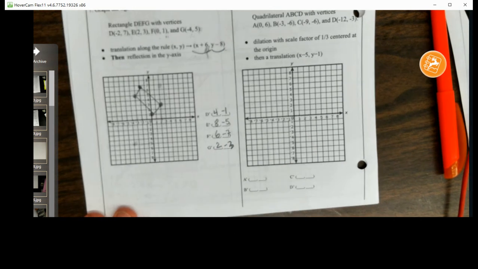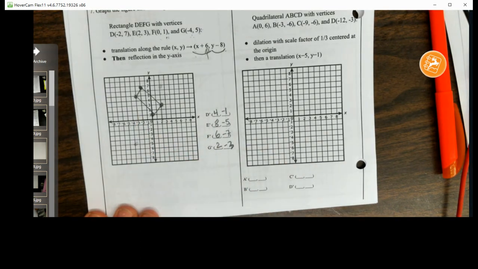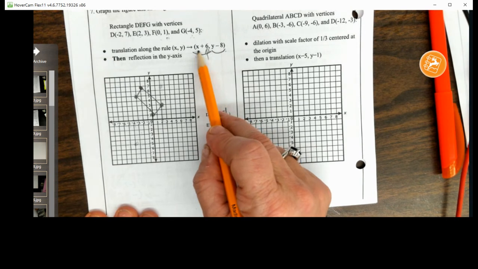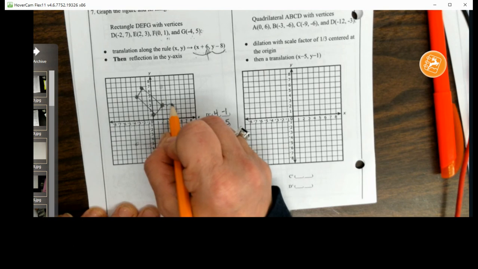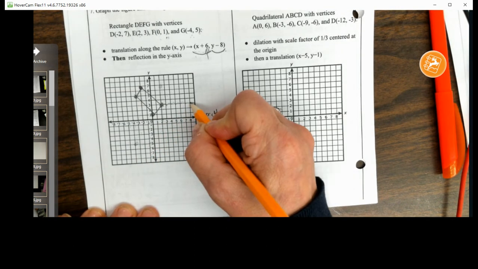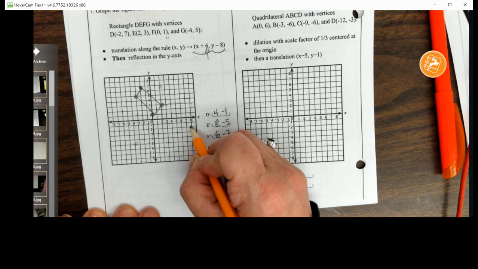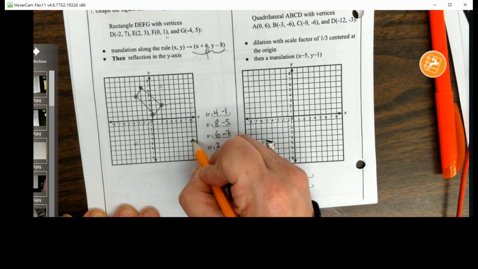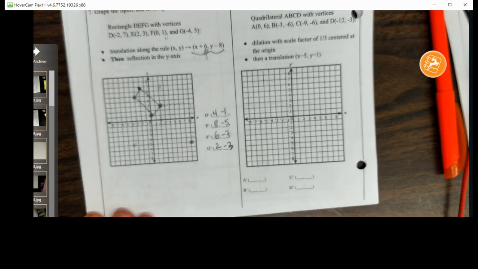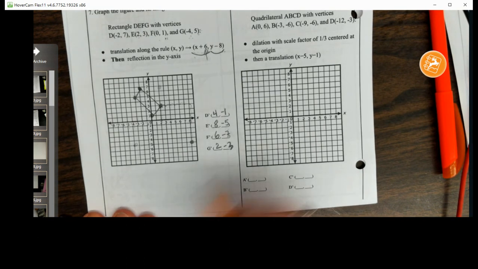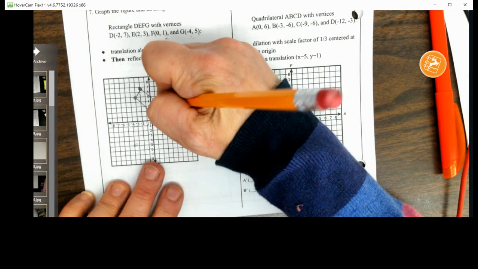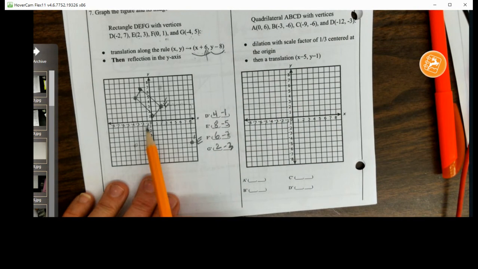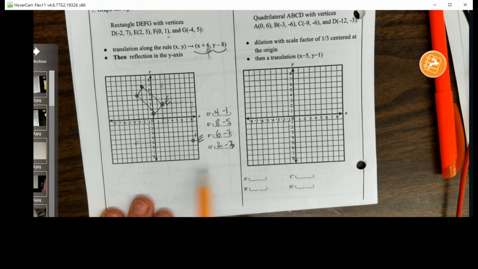Now we're going to plot these points. The other way you could do it is just count plus 6, negative 8 for each one. So I would have gone 1, 2, 3, 4, 5, 6, then 1, 2, 3, 4, 5, 6, 7, 8. That is point E, and it gives us the same number. So this is E prime. I find it easier to do the calculations first, but whichever method you want to use is perfectly fine.